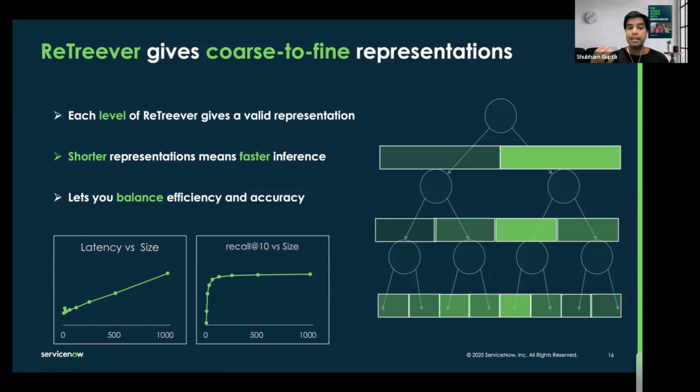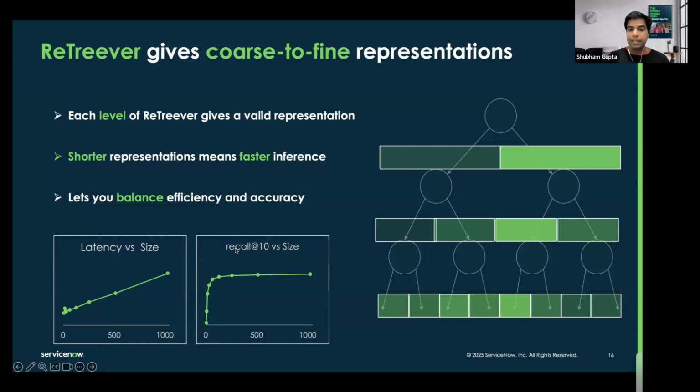Mostly the advantage with the shorter representations is faster inference, and the first graph here shows this. It shows that as we increase the size of these representations, the latency, the milliseconds per query, increases linearly. But also the second graph shows that as we decrease the size of the representation, we do suffer a loss in the recall at 10 metric that we saw earlier, but not too much.